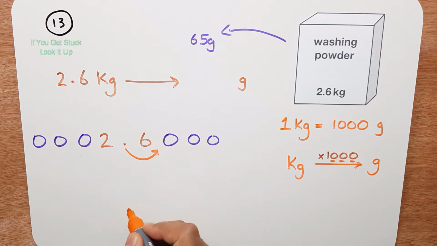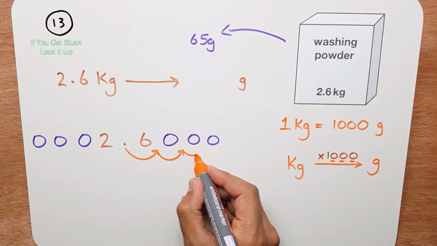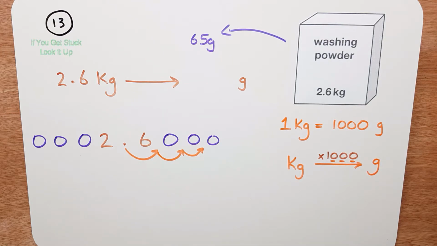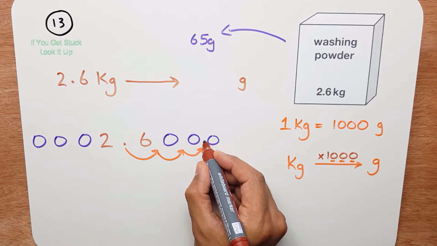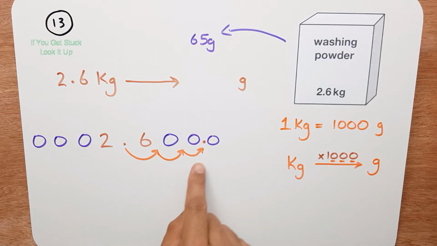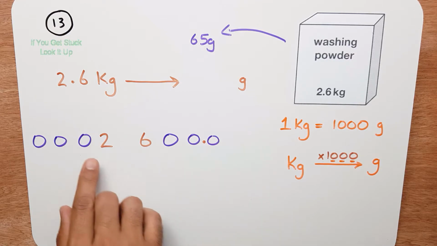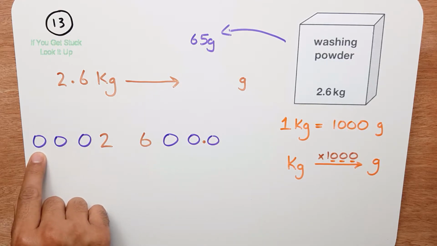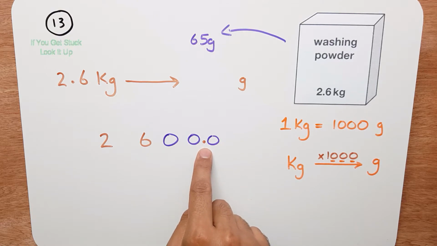1, 2, and 3. So what's happened now is this decimal point has moved there. So I can remove this. Now this is the number we've got. The decimal point is there. What I can do is remove these 3. And I can remove this 0 and this decimal point.